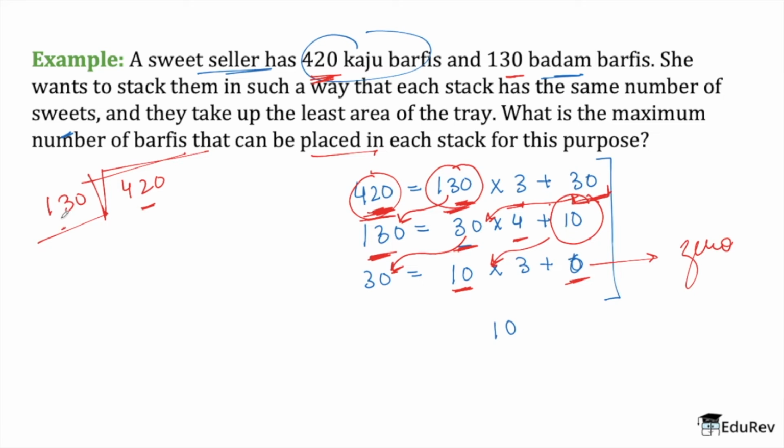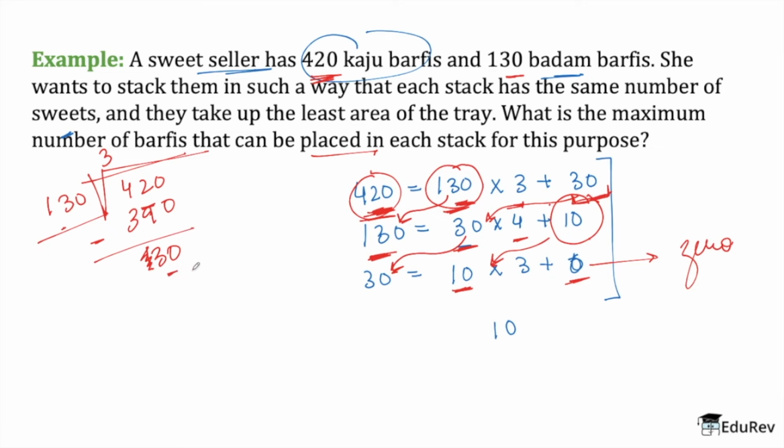130. Now we know that 130 times 3 is going to be what? 390. So when I subtract it, sorry, it's going to be your 30. So 30 comes up as your remainder.